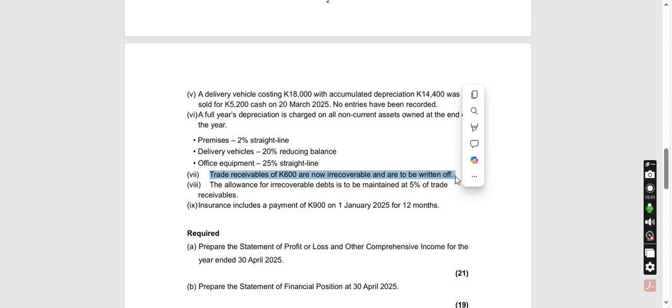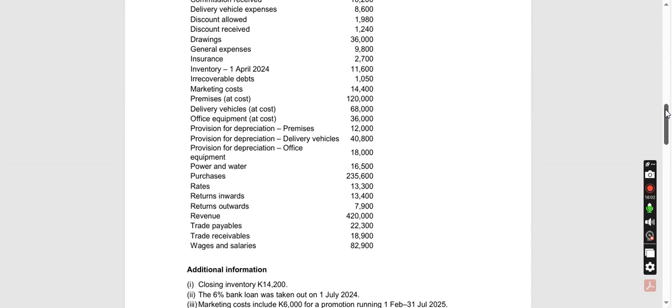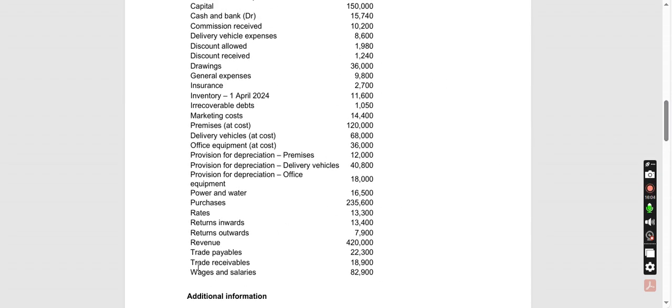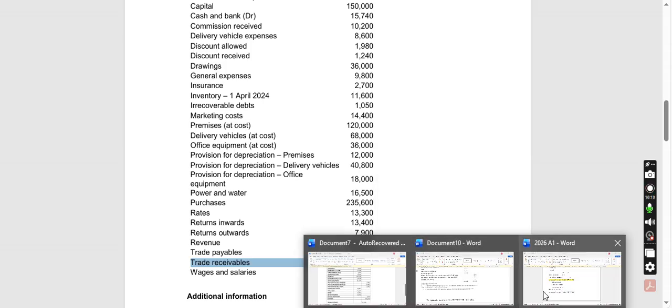So we are sure we're not getting this 600. So we need to reduce our trade receivables amount. According to our information here, trade receivables is 18,900. That is how much is being owed to us. But now we've discovered that 600 kwacha we're not going to get, so we need to deduct.